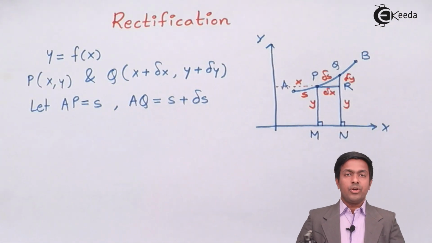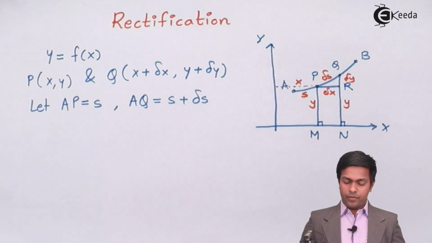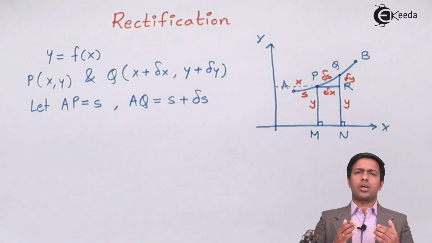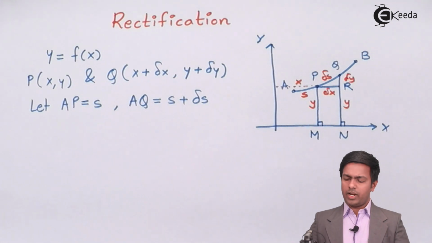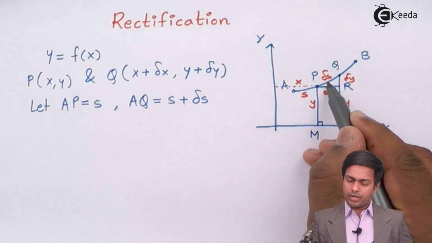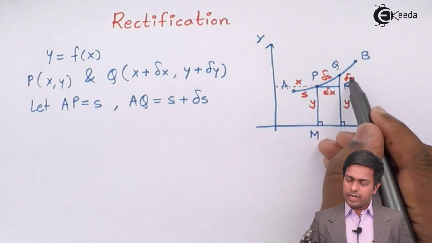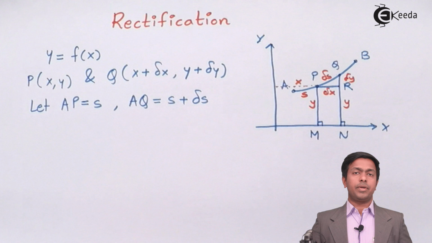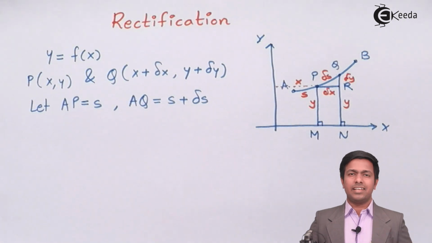Now guys, to find out the formula, we'll assume what scenario. Let's say if Q comes closer to P, then what will happen? Let's say Q is coming over here, so we will get del y here and this will be del x. So it means we will get a triangle.